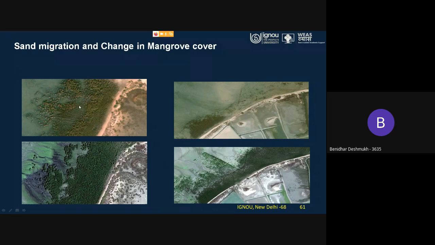If this is planted here, then there will be some change in the coral reef also that could be expected, because we discussed the other day that they are the land builders. So as more and more plants will be there, they will deposit more sediments, and then it will keep on increasing. So then that will affect the coral reef areas.